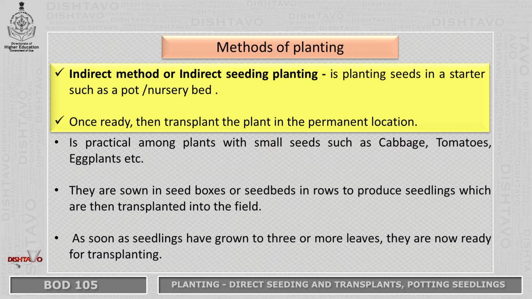This is practiced among plants with small seeds such as cabbage, tomatoes, eggplants, etc. They are sown in seed boxes or seed beds in rows to produce seedlings, which are then transplanted into the field. As soon as seedlings have grown to 3 or more leaves, they are ready for transplanting.